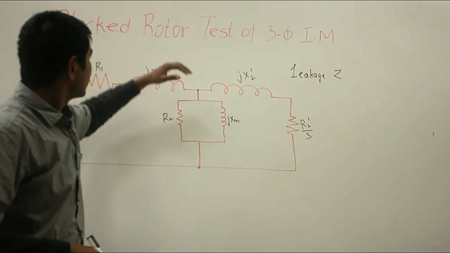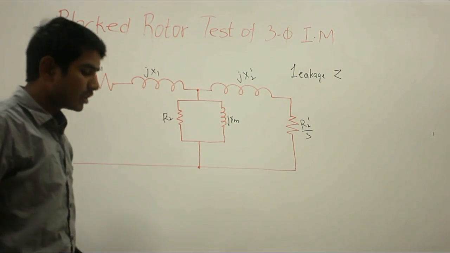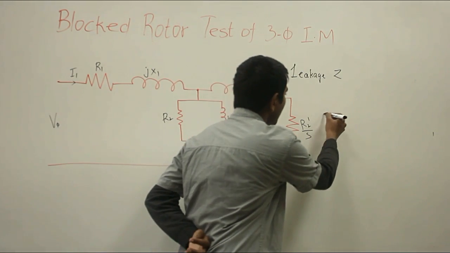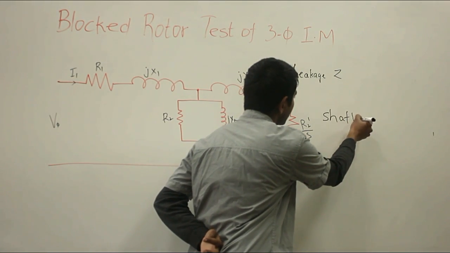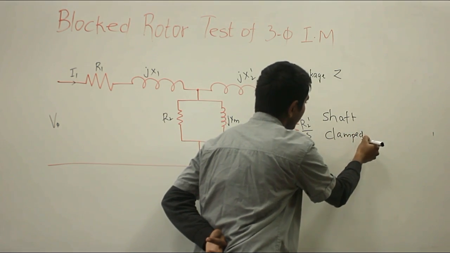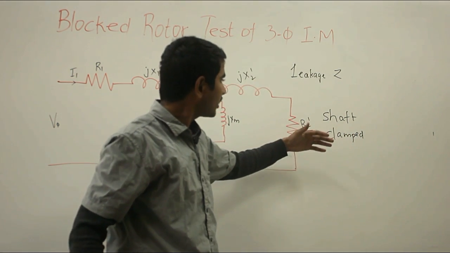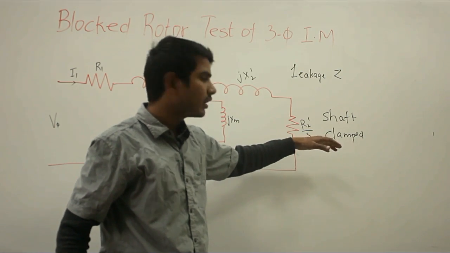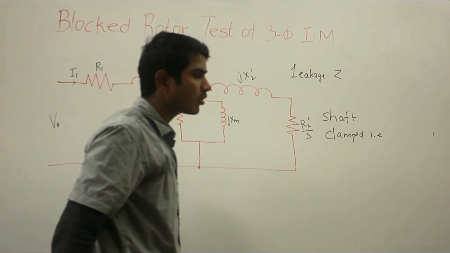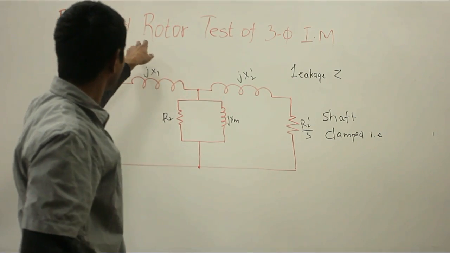The name block rotor is given because the shaft of the motor is clamped. The rotor or the shaft of the motor is blocked so that the rotor speed is 0, and hence the name, blocked rotor.